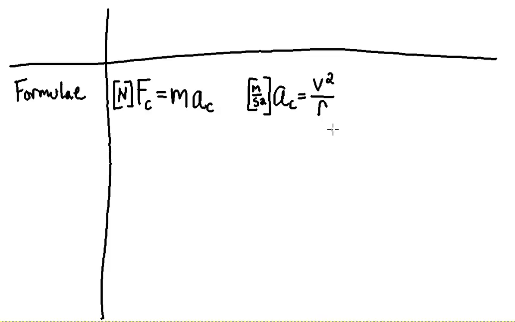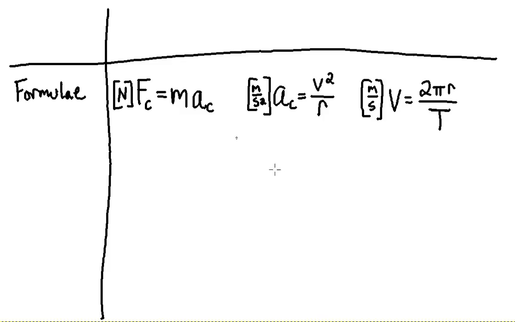Okay, so the next one, velocity. Now usually this is orbital velocity, but right now we'll treat all of our velocities as one and the same. 2 pi times the radius, that's the circumference of a circle, divided by the period. So velocity is in meters per second. This is review.